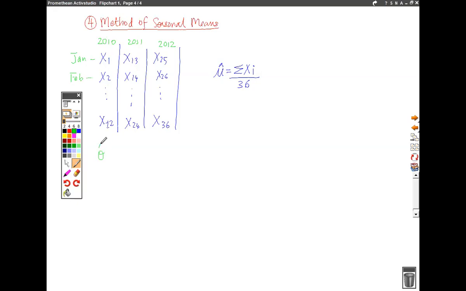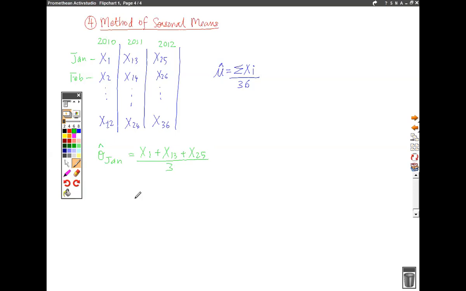If you want to figure out the average number of sales you have had in January, you will have something like X1 plus X13 plus X25 upon 3. So that would be your average sales in January.